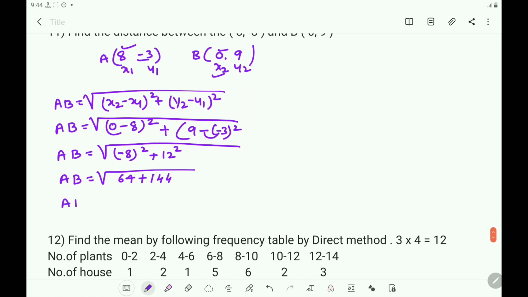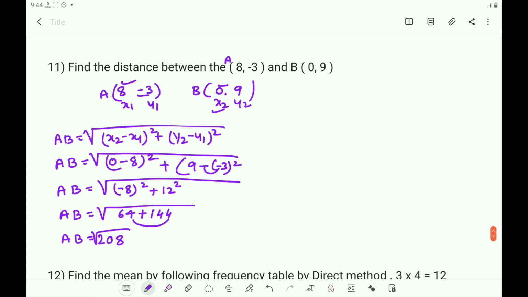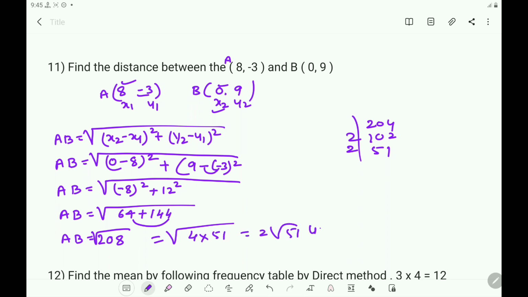Then AB is equal to square root of 113 units. That is the distance between the given two points.